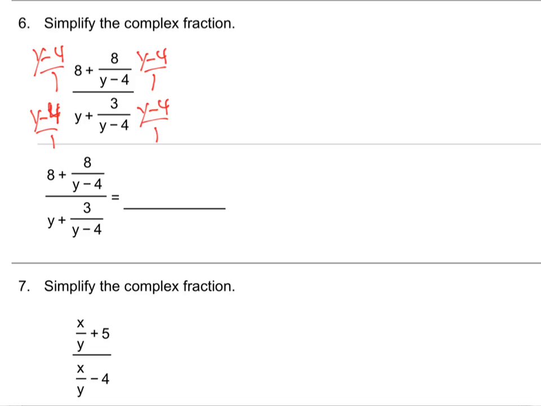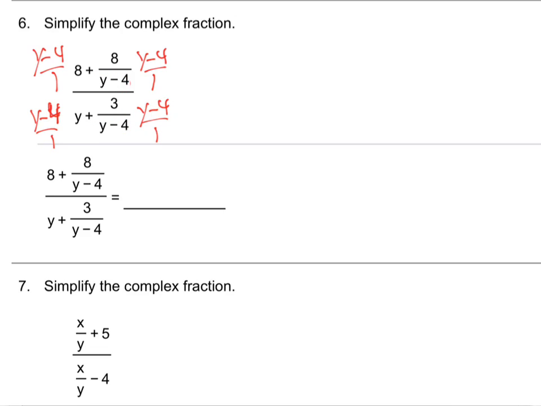Is that good so far? Multiply all of them by that. Okay, so why the y minus 4? Because that's the 2 denominators. See how I just take aim at the denominator, then I multiply that over 1 to all of them.